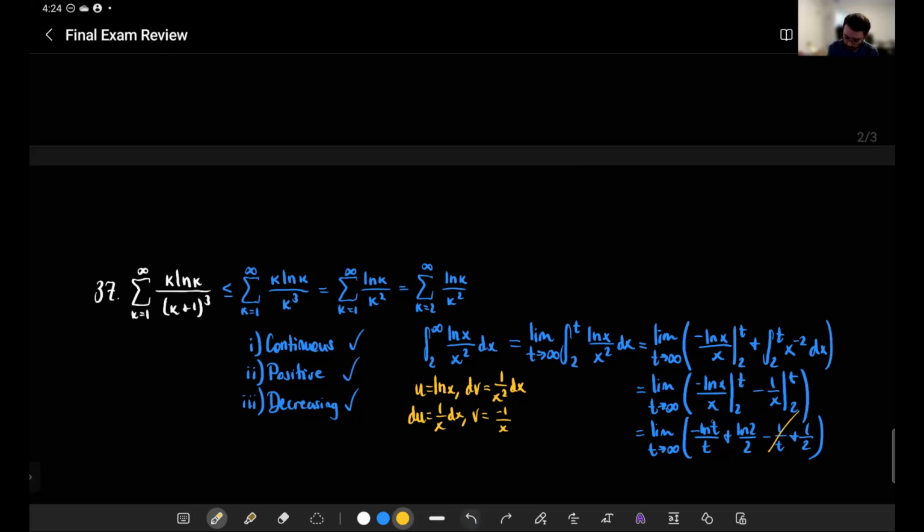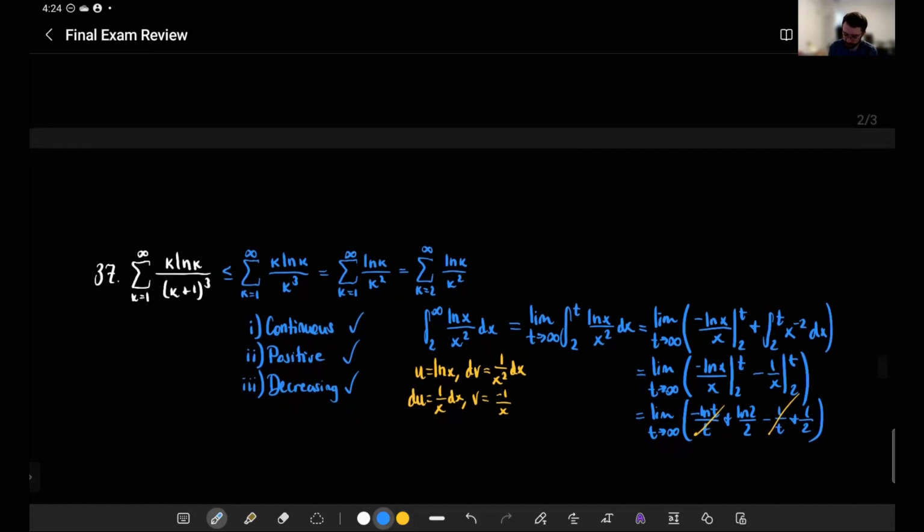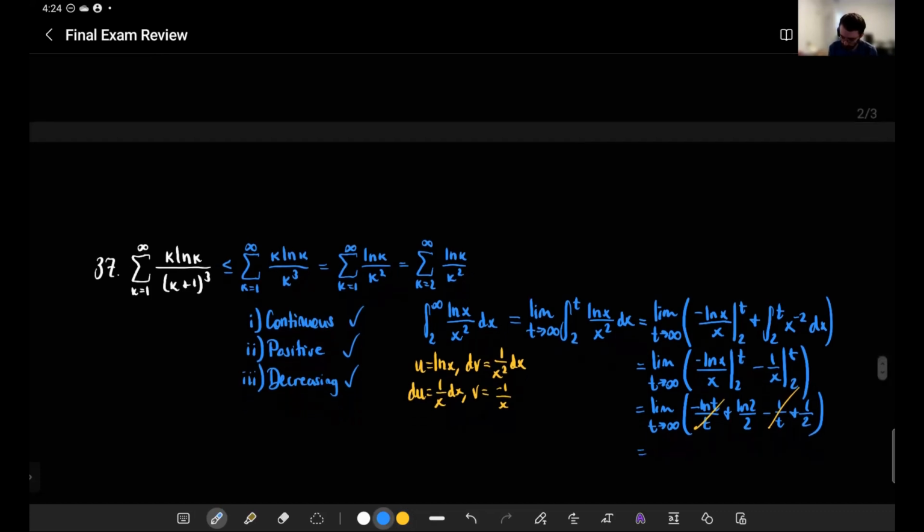So both of these guys go to 0, and you're left with some finite thing. Again, maybe I did my math wrong somewhere, and I missed a minus sign or something, but it doesn't really matter. What matters is that is a convergent thing.